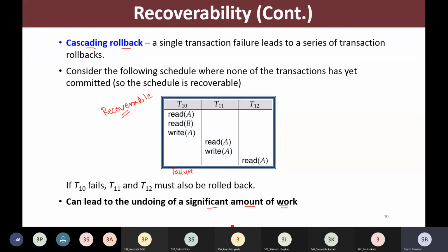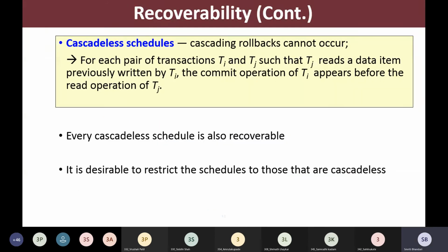To confirm this, we have an important concept known as cascadeless schedules. My system should generate cascadeless schedules, meaning schedules wherein cascading rollbacks cannot occur, because otherwise a significant amount of work needs to be undone. That is why we prefer cascadeless schedules.